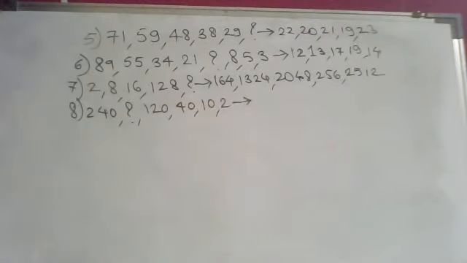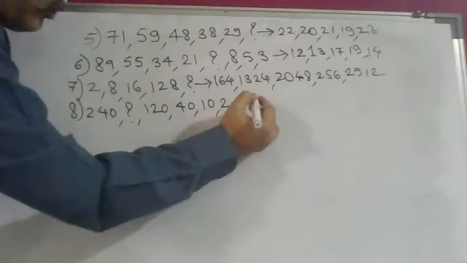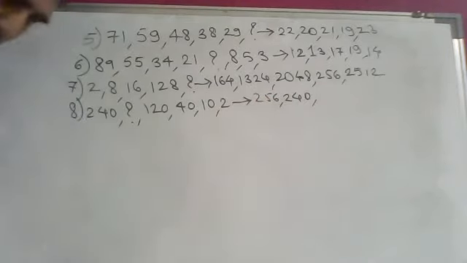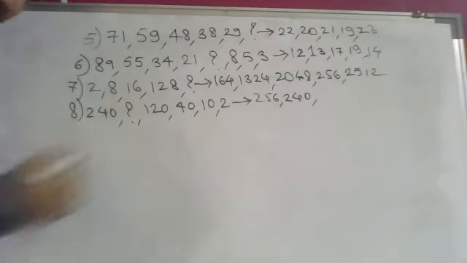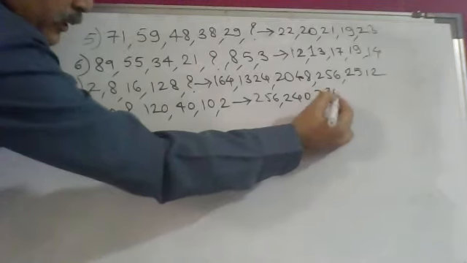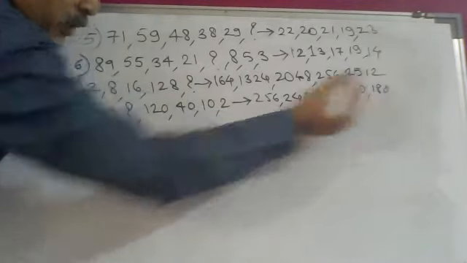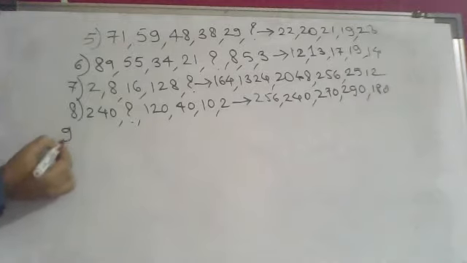We have to find out the number at the place of question mark from the given options: 256, 240, 270, 290, 180.